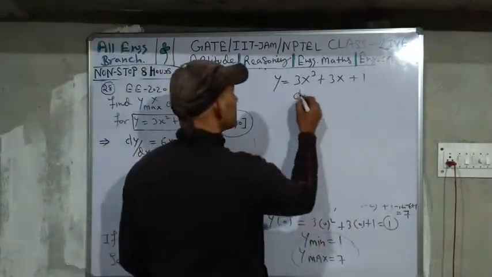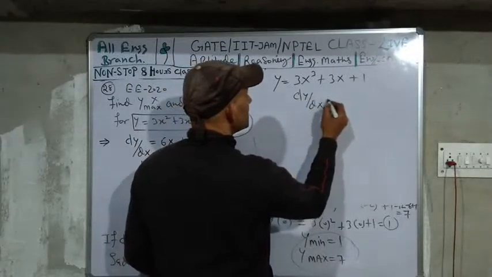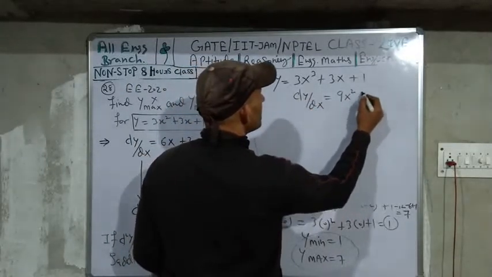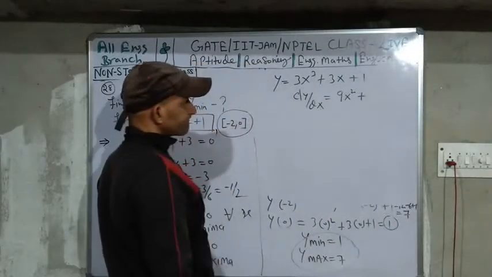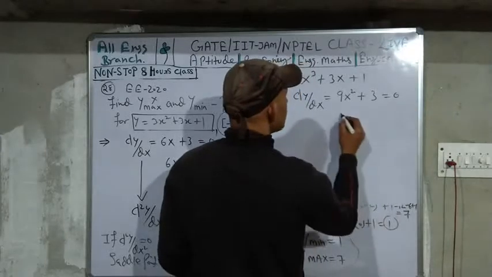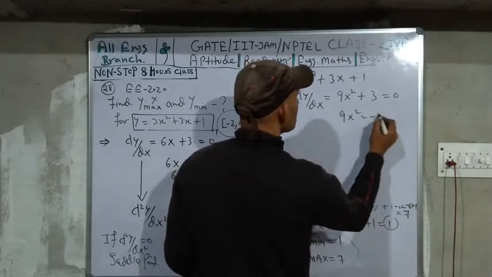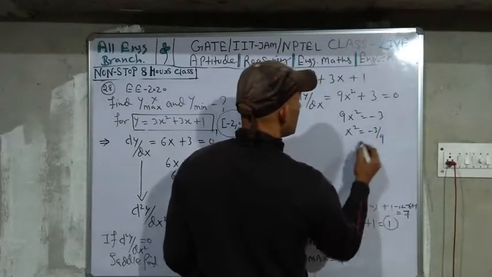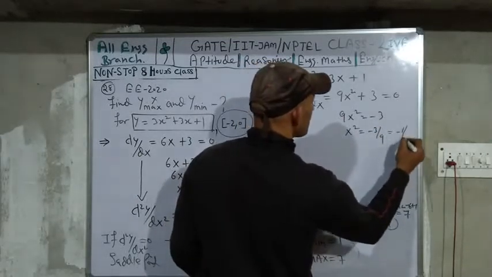So you have to differentiate. dy by dx is equal to 9x² + 3 = 0. It means that 9x² = -3, so x² = -3 upon 9 = -1 upon 3.